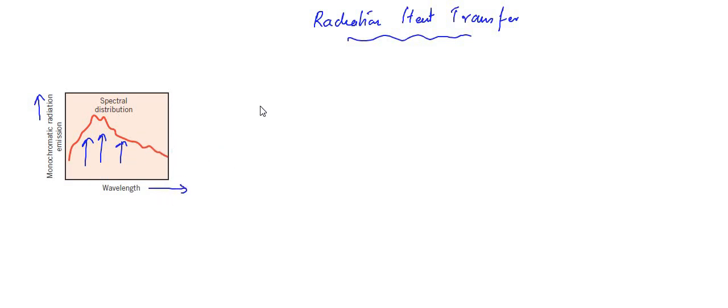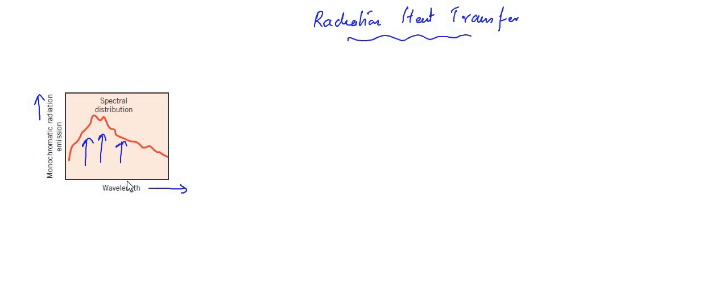Now along with the change with respect to wavelength, for a particular wavelength, like say 0.1 micrometers or 100 micrometers or any value in between, the magnitude of the electromagnetic radiation or the thermal radiation depends on the temperature and the nature of the emitting surface.